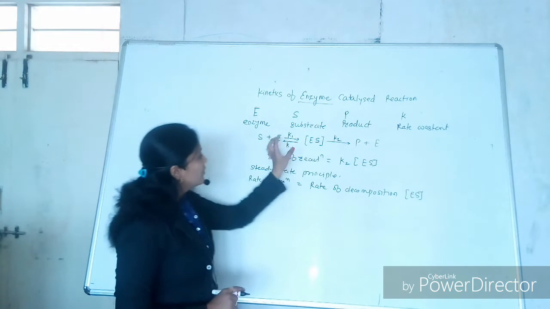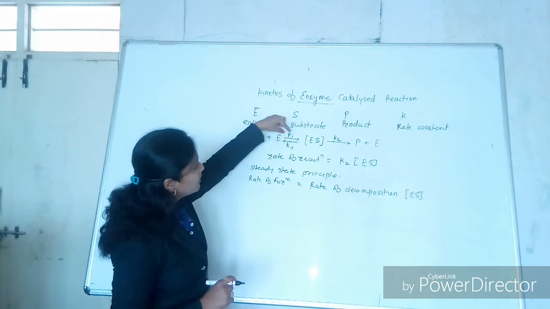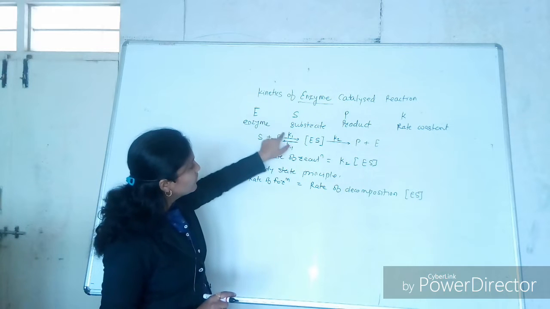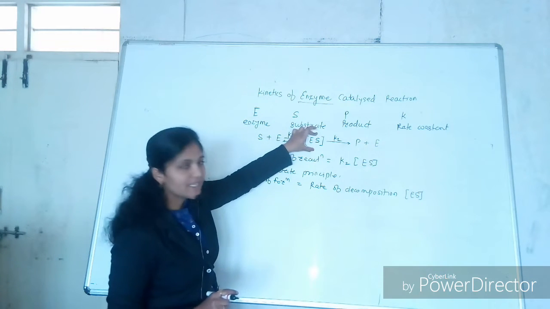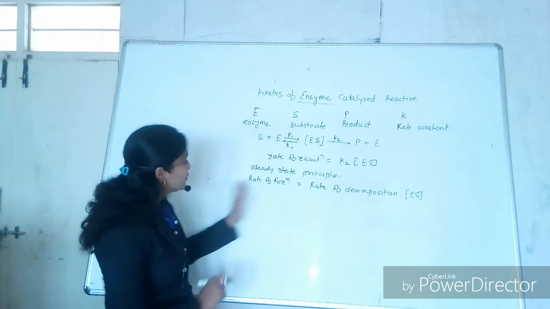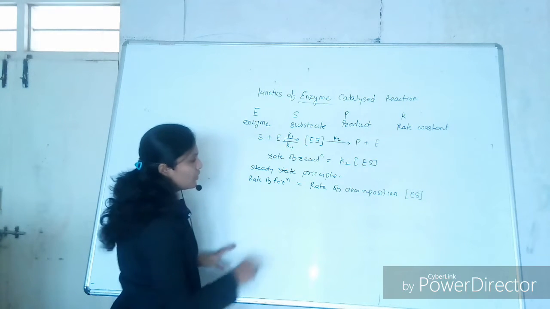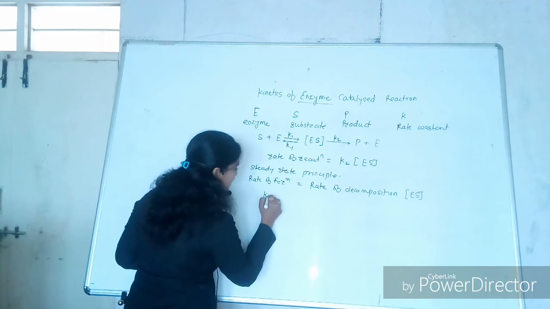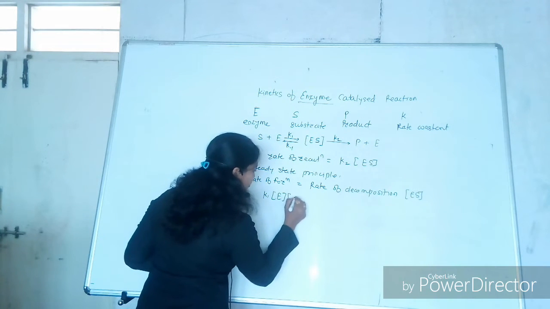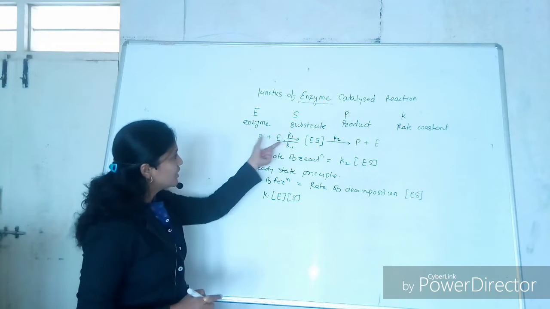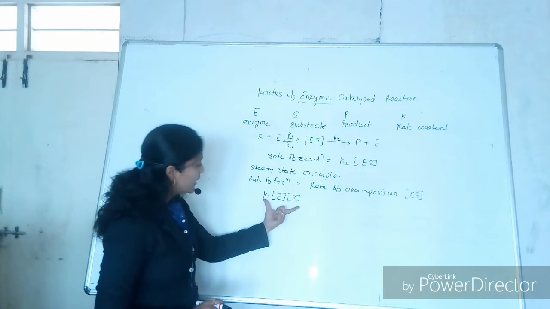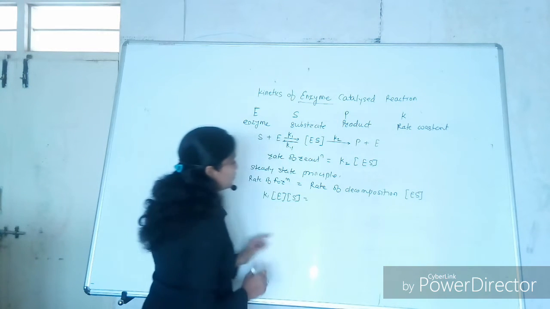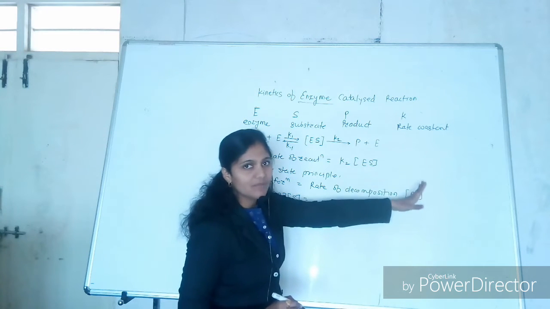Again see this reaction. The first step is enzyme plus substrate, a forward step that gives enzyme substrate complex. So the rate of formation of enzyme substrate complex equals the rate of the first step, K1 into concentration of E into concentration of S, that is, rate constant into concentration of the reactants. This is equal to the rate of decomposition of enzyme substrate complex.